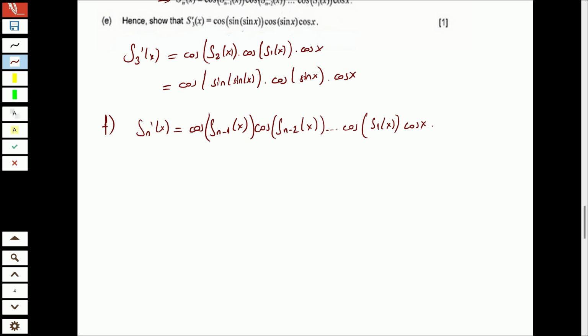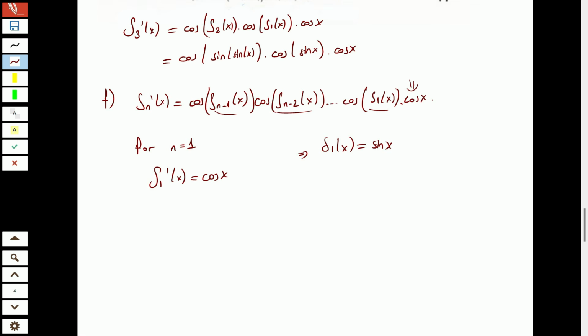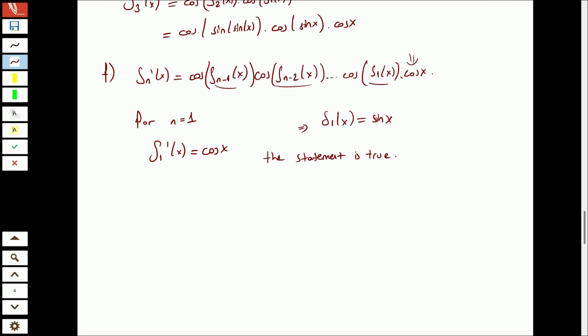We can start with n equal to 1. It's going to be the derivative of this function, and I know that S_1(x) equals sin x. So the derivative is cos x. Because the index decreases by 1 until the end of the terms it will be S_0, which gives us cos x. So for n equal to 1, the statement is true.